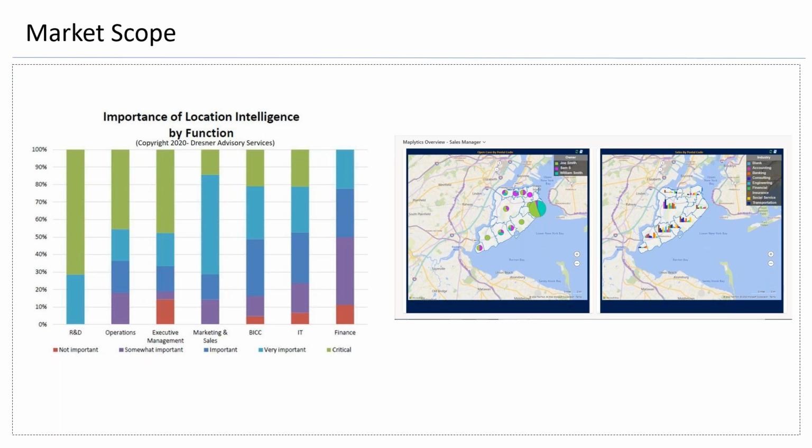Moreover, in any business, locational intelligence is being used by people in various job functions. It's not just limited to the C-level corporate leaders of the company, but all the people in R&D, operations, marketing and sales, and many other job functions. And they are utilizing the location information in their day-to-day work.